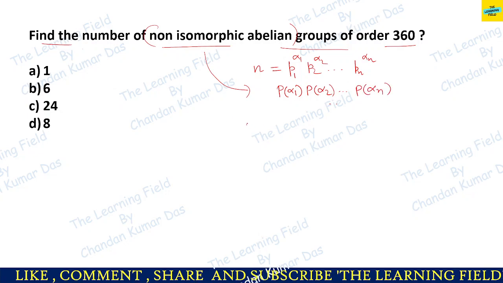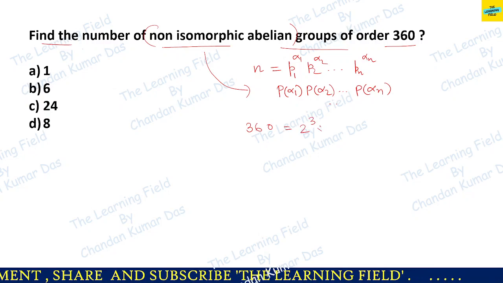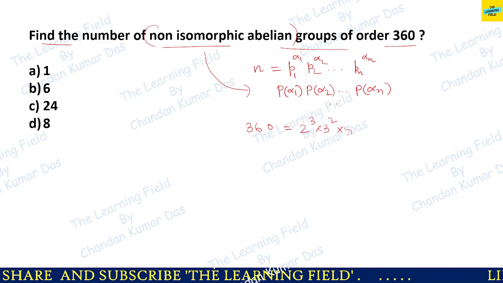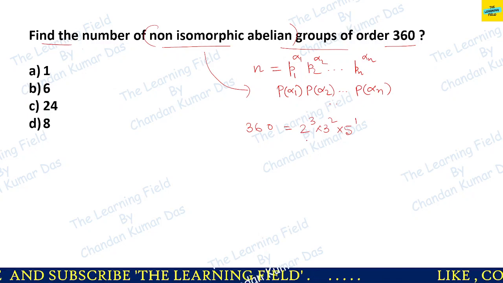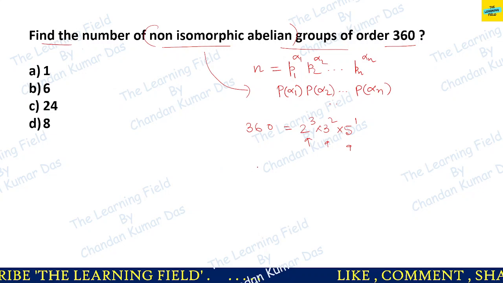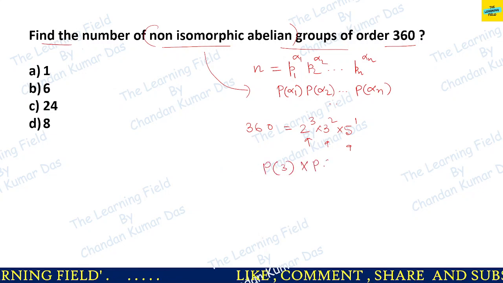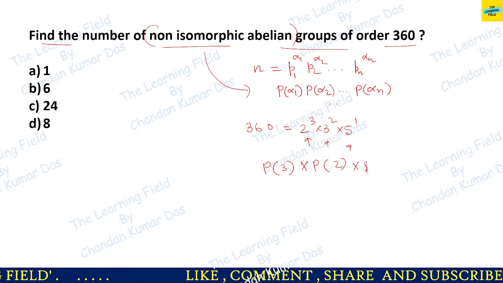Now here n is equal to 360. We write 360 as 2 to the power 3 into 3 to the power 2 into 5 to the power 1, where 2, 3 and 5 are the prime numbers. So we find the partition of 3 into the partition of 2 into the partition of 1.